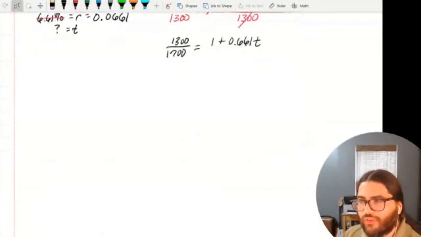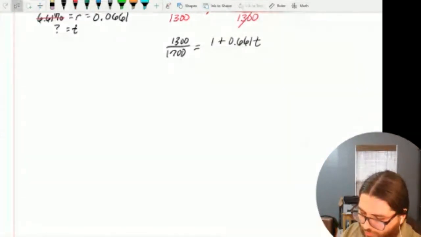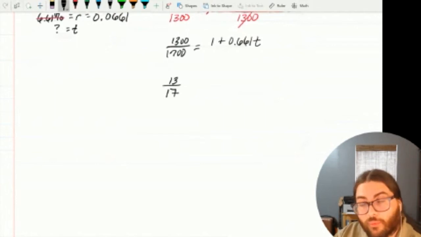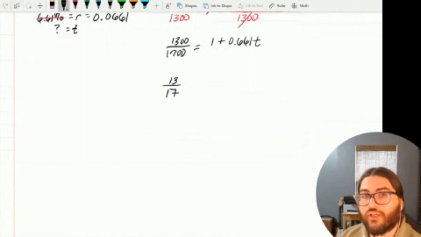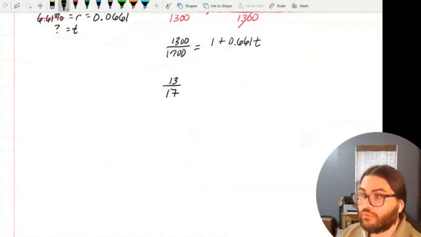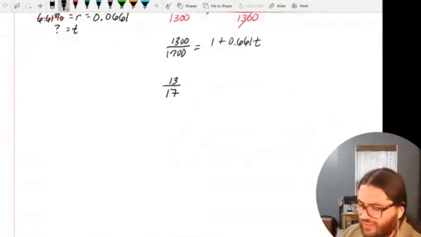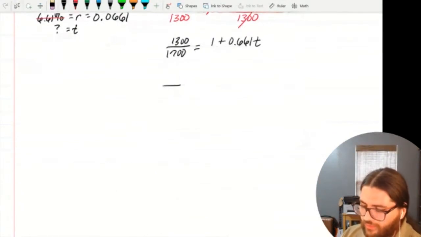If you really want to start simplifying this, I would tell you to knock the 1300 and the 1700 down to 13 over 17. That would essentially be dividing both the numerator, the top part, and the denominator, the bottom part, by 100. So canceling out a common factor of 100. But even then, you don't have to do that.